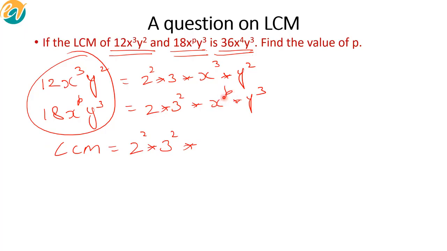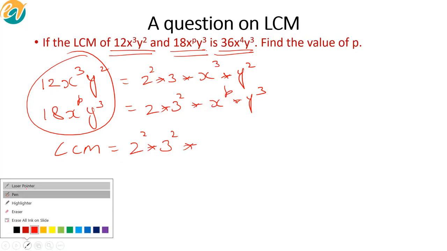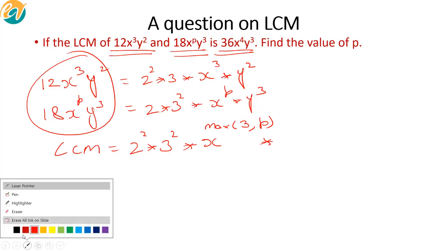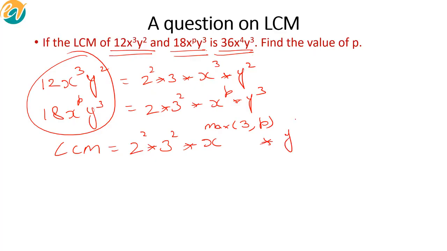We don't know the value of p. So what will be the value of x then in the LCM? X will be basically the maximum value between 3 and p. And finally, y square here and y cube here. So y cube is obviously greater. So we put y cube.